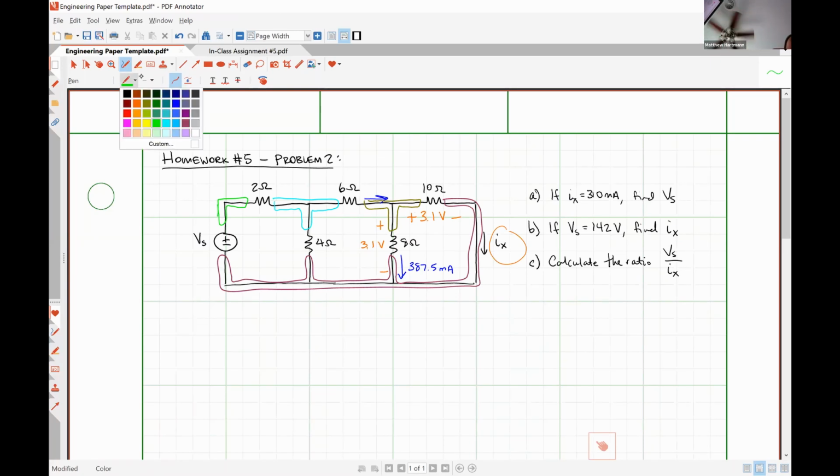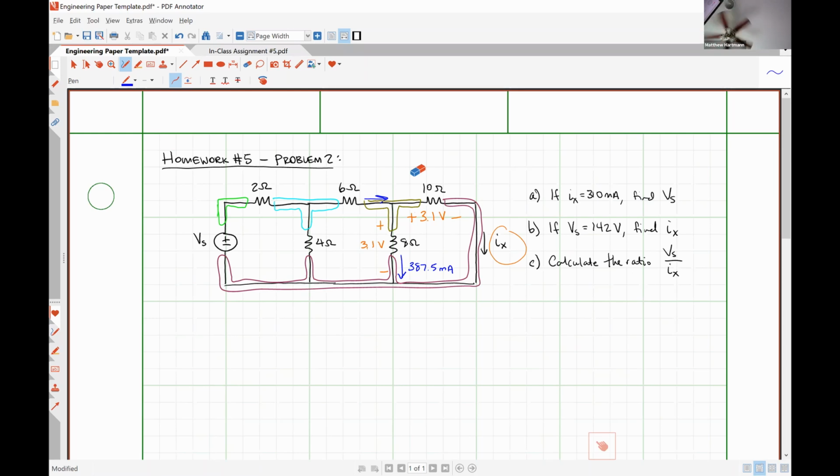Any other ideas on potentially determining the value of the current flowing through the 6 ohm resistor? Wouldn't it be equal to the current flowing through the 8 ohm plus the current flowing out of the 10 ohm? Yes, that's exactly right. So if we apply Kirchhoff's current law at this node, we can find that the current flowing through the 6 ohm resistor is 387.5 milliamps, the current through the 8 ohm resistor, plus 310 milliamps, the current through the 10 ohm resistor.